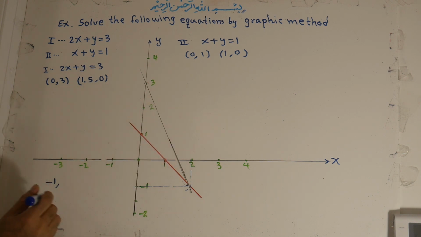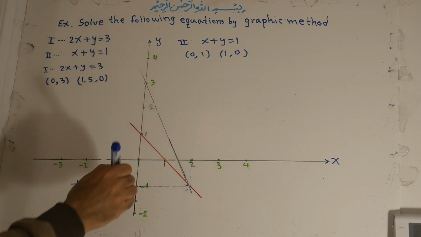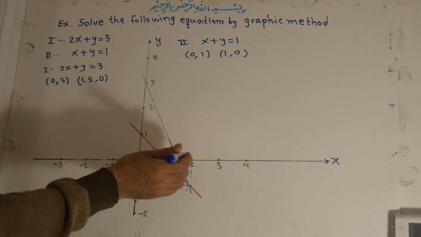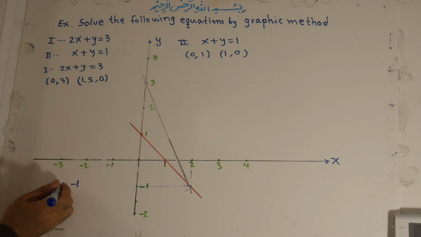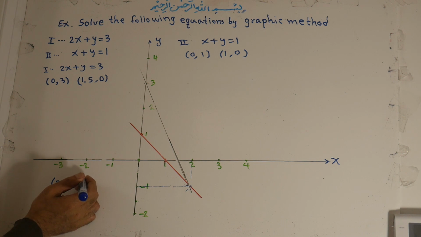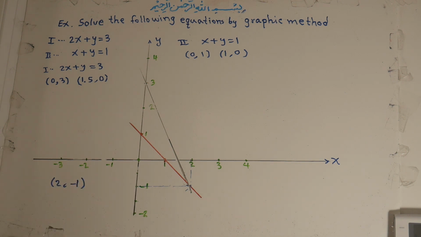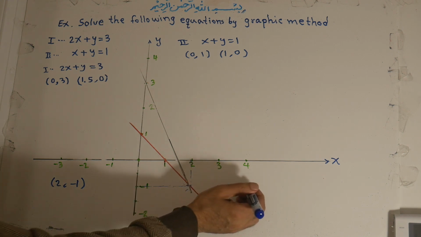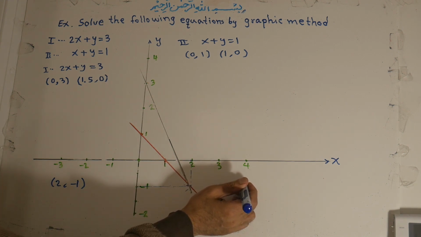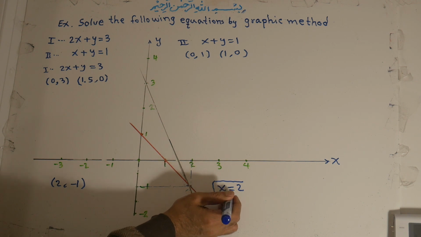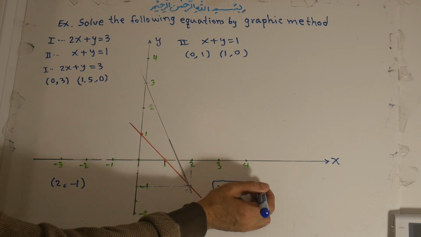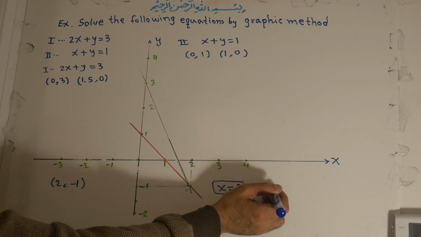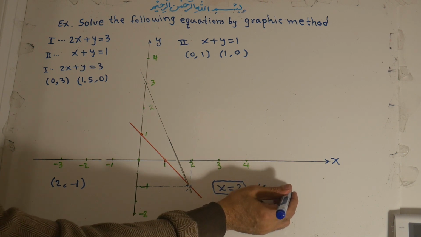This is the y-axis, and on the x-axis it is +2. The solution coordinate is 2, minus 1. It means that the solution for these 2 equations is x equal to +2, or 2, and y is equal to -1.